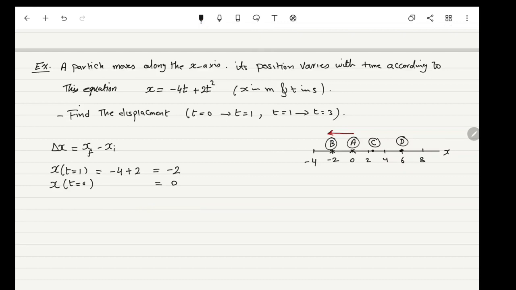Now let's find the displacement for the second time interval, when t equals 1 to t equals 3.